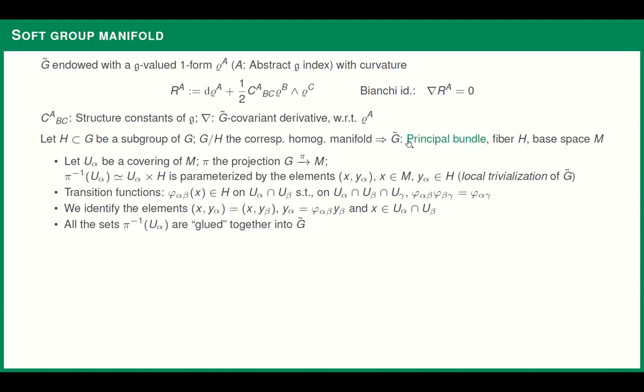Once we say that H is a subgroup of G, and G over H, this quotient, is the corresponding homogeneous manifold, then we can think of the softening of G as a principal bundle, as a Cartan bundle with fiber H and base space M. M is the base space of the bundle.